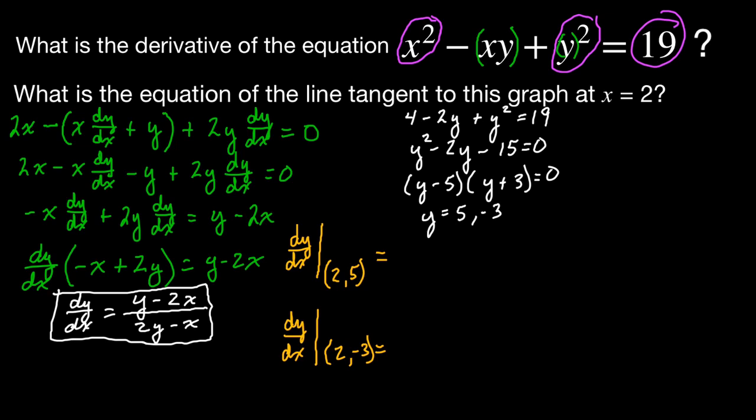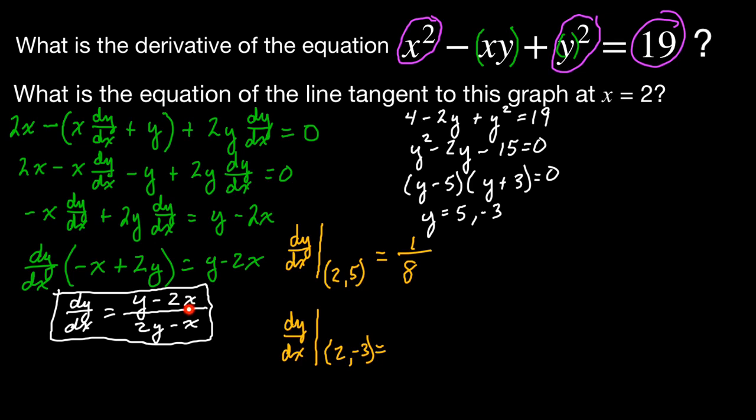All right, so you're going to get 5 minus 2 times 2, which is 5 minus 4, or 1. And then you're going to have 2 times 5, which is 10, and 10 minus the 2 is 8. All right, so then the other derivative, we're putting -3 in for the y, 2 in for the x, so you're going to get -3 minus 2 times 2.